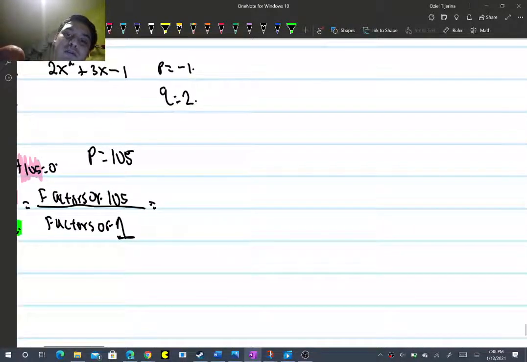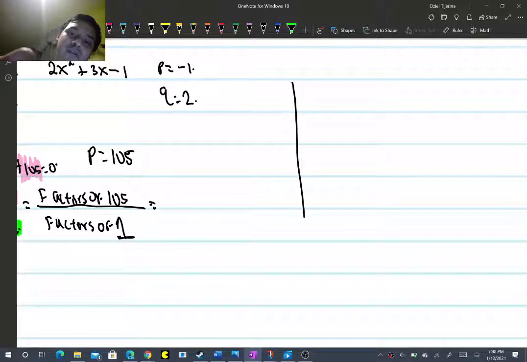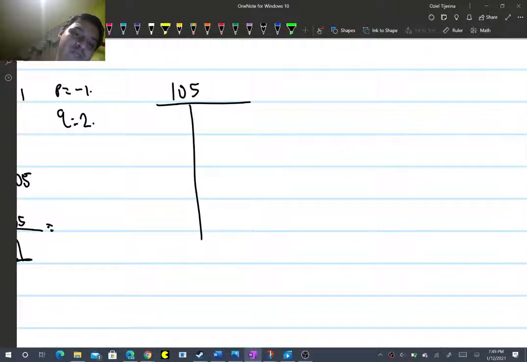So if y'all remember, you used to do this kind of t-chart, and you would multiply 1 times 105, and then you would say 2, is that a factor? Nope. 3, is that a factor? I think it is.